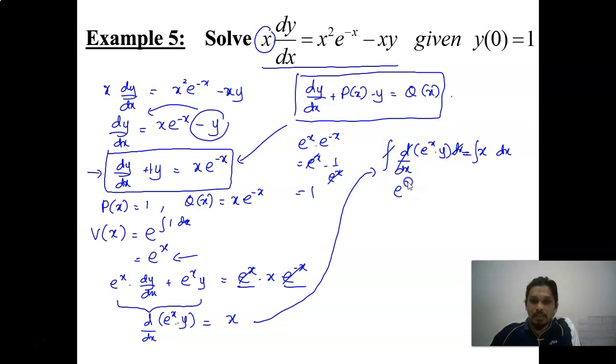So e^x times y equal to the integral of x dx, which is x squared divided by 2 plus c.